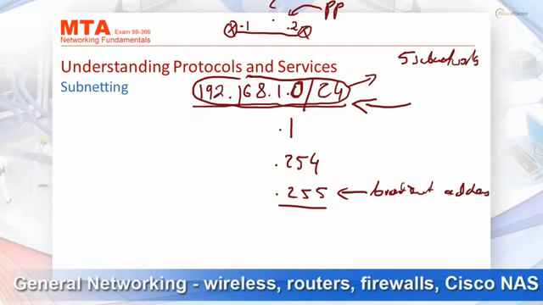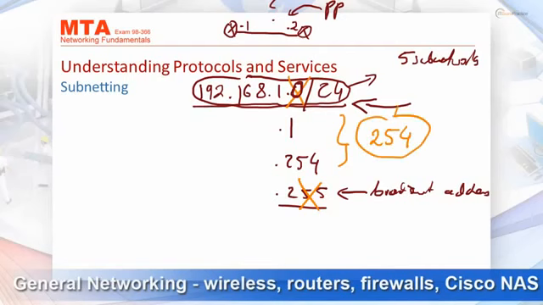Broadcast means that I want to send a message to everybody. It means I am not allowed to use the first one, which is my network address, and the last one, which is my broadcast address.